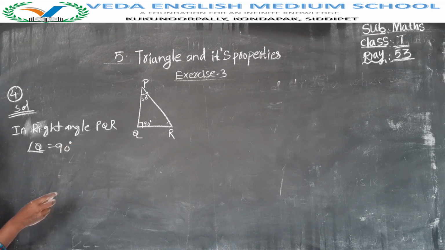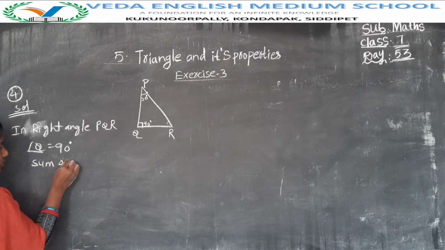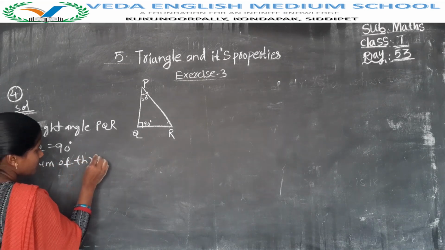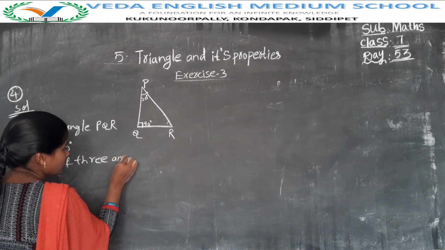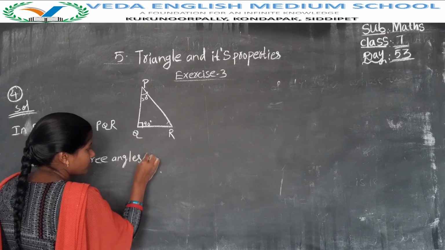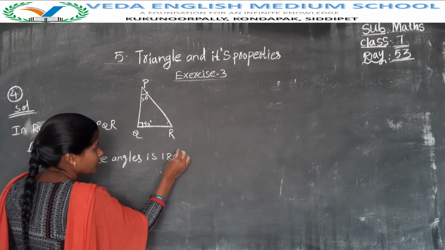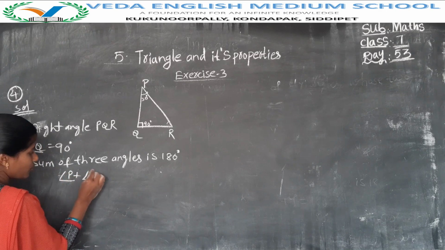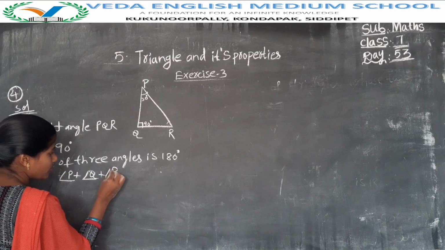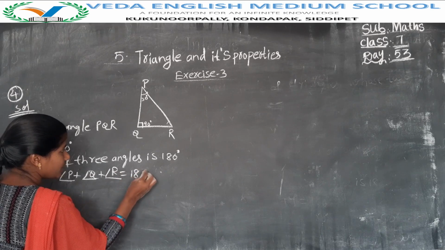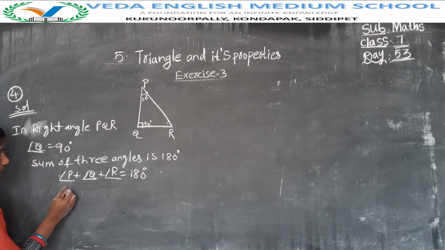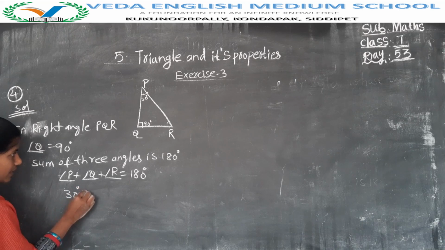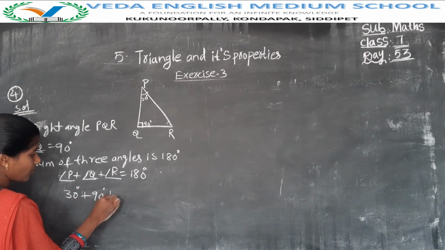Here also the sum of three angles is equal to 180 degrees. Angle P plus angle Q plus angle R is equal to 180 degrees. Already we know angle P is 30 degrees, angle Q is 90 degrees, angle R we don't know.